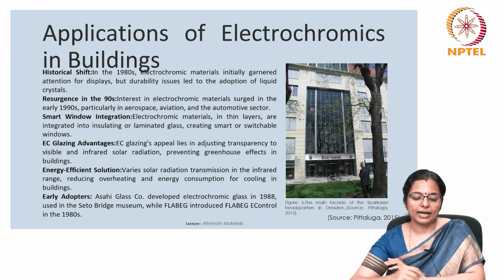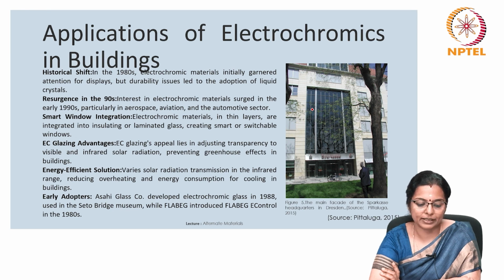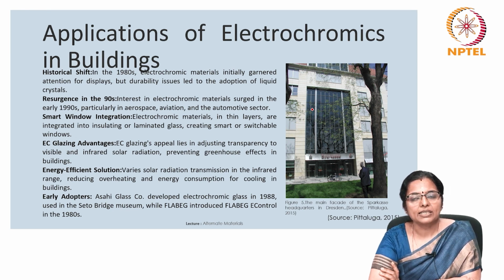Now let us look at the applications of electrochromics in architecture or building specifically. So, electrochromics have come a long way, especially in building applications. Initially explored for displays in the 1980s, they faced durability issues leading to the dominance of liquid crystals.